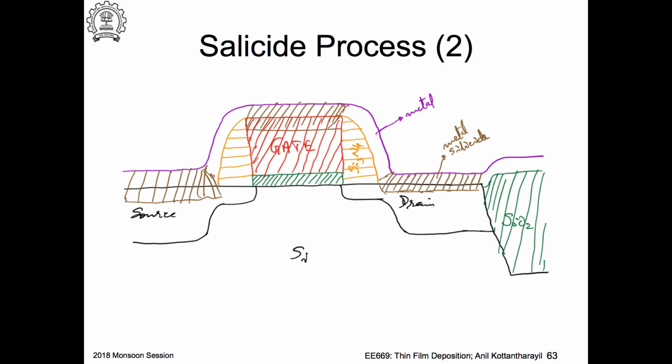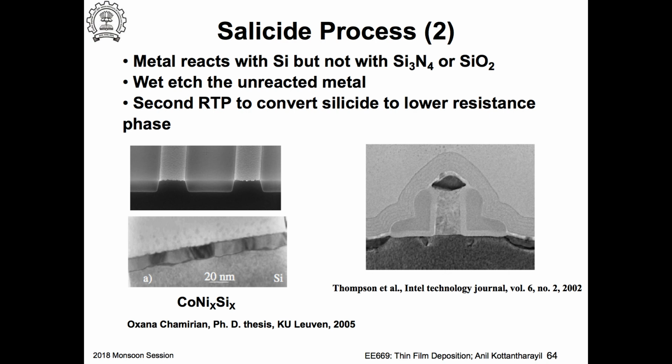So, self-aligned silicidation process. These are some images. If anybody works on silicides, this is a very good source: a PhD thesis from a researcher named Oksana Chamirian. This is an actual real transistor. This is a TEM of one of the older Intel technology nodes.